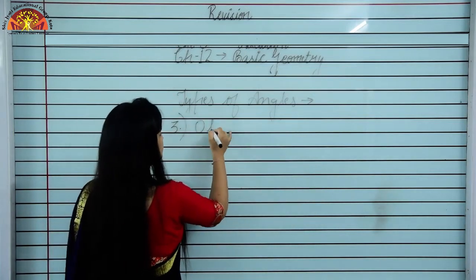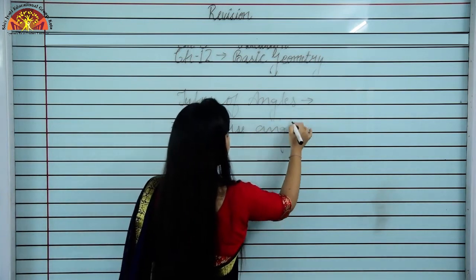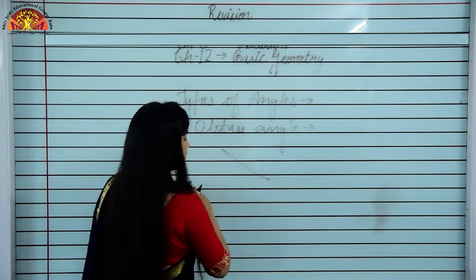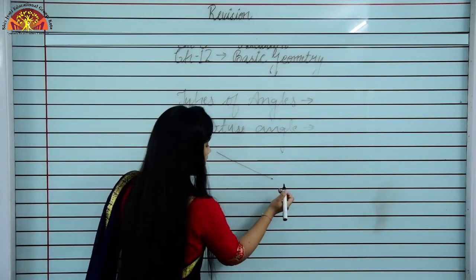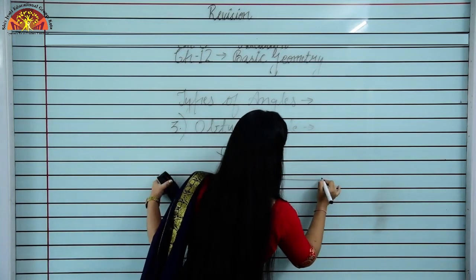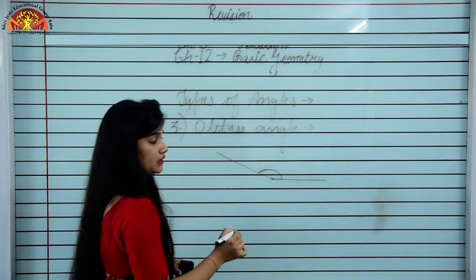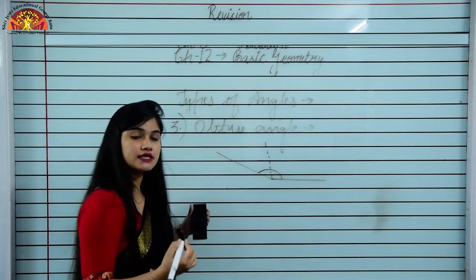Third is obtuse angle. If two rays are meeting at a common end point and they are forming an angle which is more than 90 degree, 90 डिग्री से बड़ा है, 90 डिग्री से ज़्यादा है.